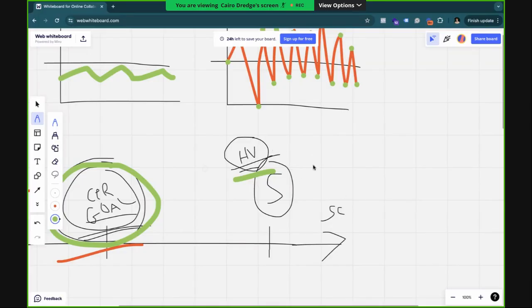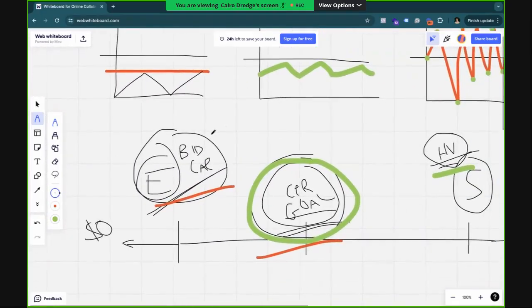And I would say if you are achieving a lot of results and you are concerned about the profitability, then highest volume is probably something that you're going to want to experiment away from. You're going to want to try CPR goal and bid cap.